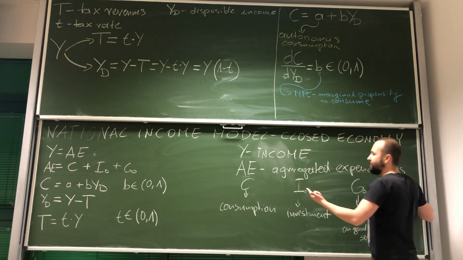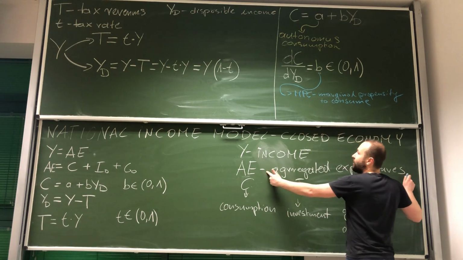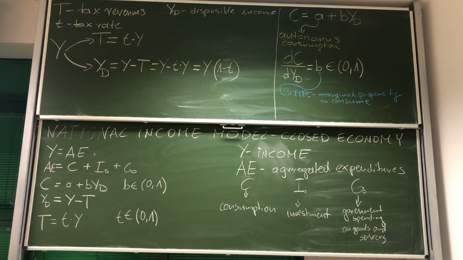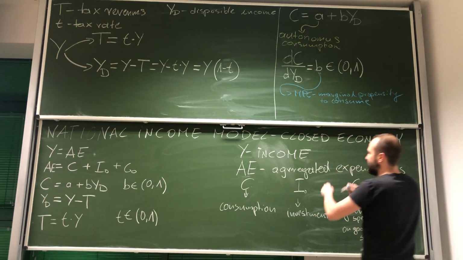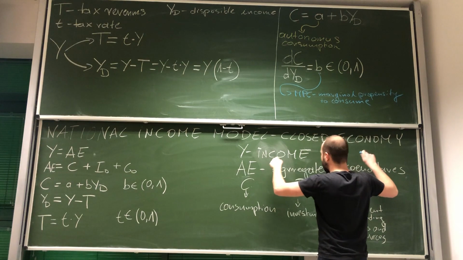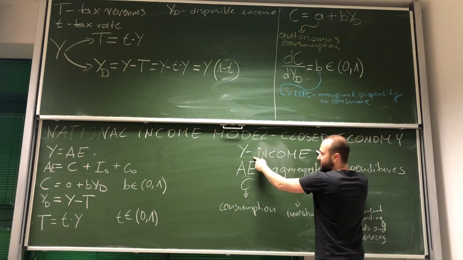So you can think about it like this: this is what economic agents in the economy wanted to purchase, and because those purchases were made, people made this income.